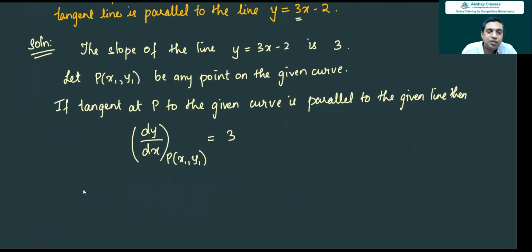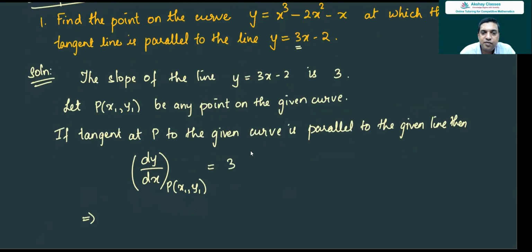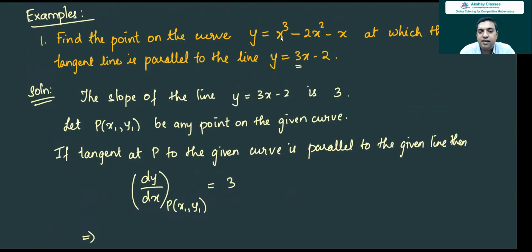So now, what is the derivative? Differentiate y equal to x cube minus 2x square minus x. So we get 3x square minus 4x minus 1 at x1, y1, at P, should be equal to 3.